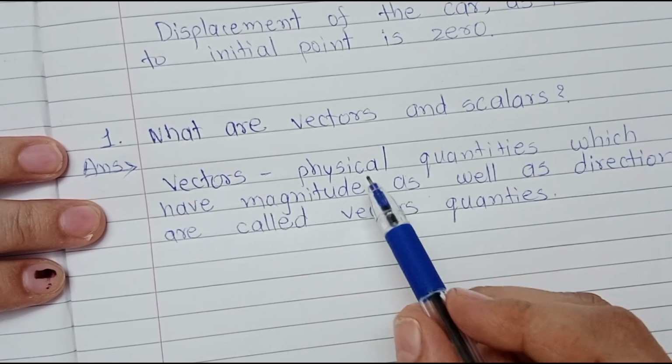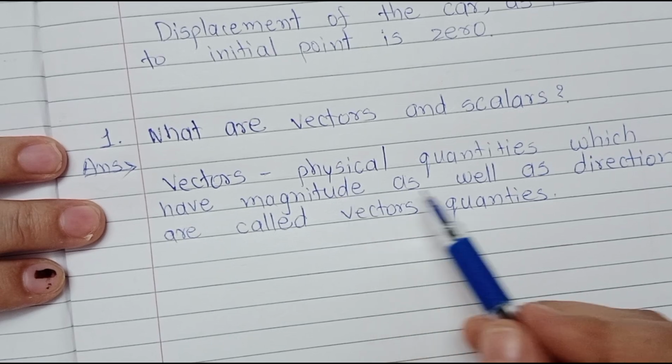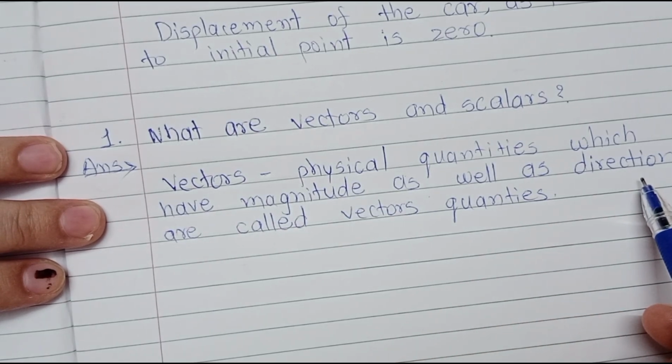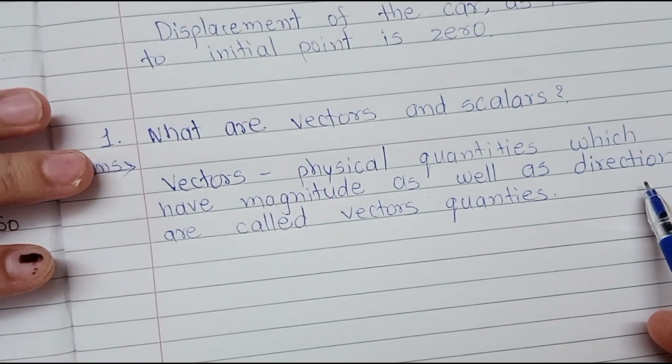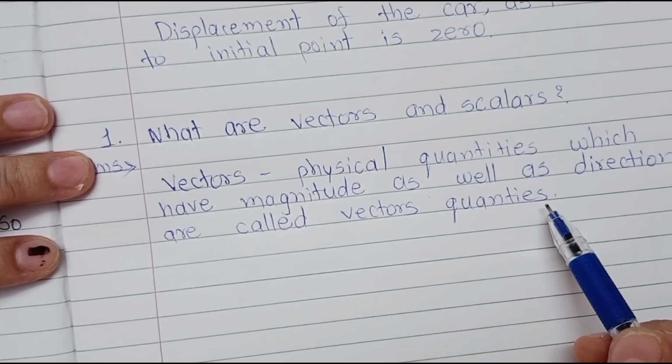Vectors means what? Physical quantities which have magnitude as well as direction. These types of quantities are called vector quantities.